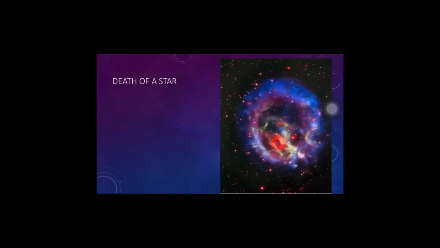Moving on, we're now going to talk about the death of a star. And basically this is what happens after the sun has died. Well, I'll tell you how it dies first, before I go on and on.